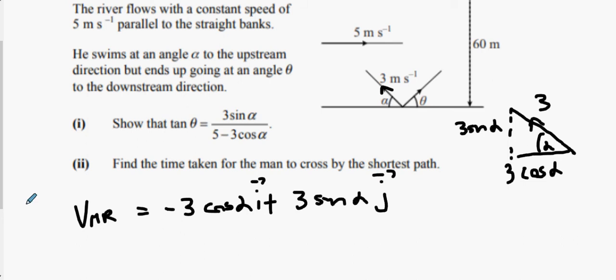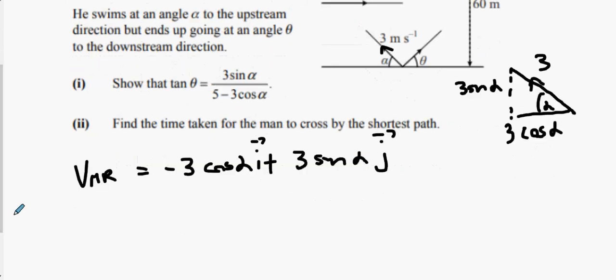Okay. Next thing we're going to do is the velocity of the man. The velocity of the man is the velocity of the man in still water plus the velocity of the river. Okay, let's add these together.